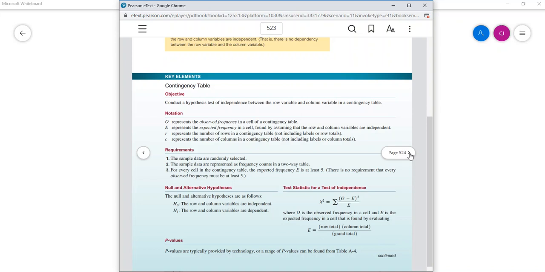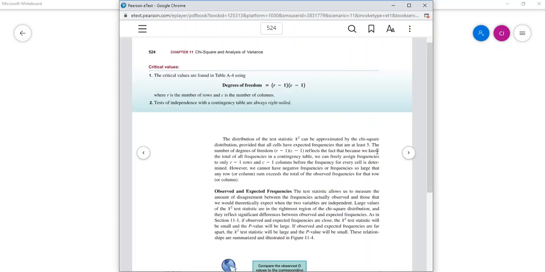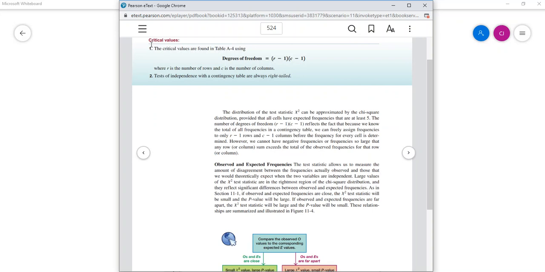All right, so let's move on here. They say the critical values are found in the table based off of degrees of freedom. When we looked at the t-test, we had to do basically the same. But in the t-test, degrees of freedom was just n-1 per sample. In this case, the degrees of freedom for chi-square is a little bit different.